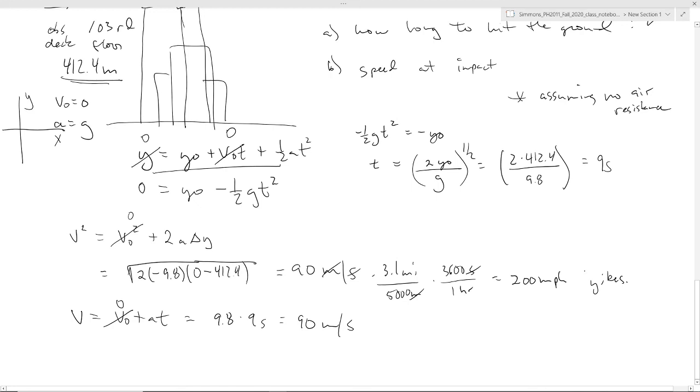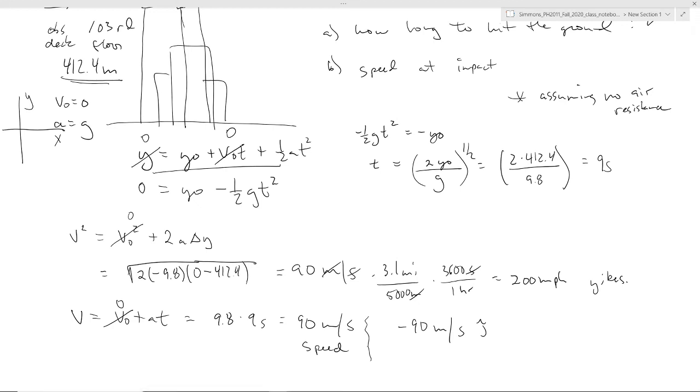And since it's going negative, it would be negative j hat. So why don't we say this? This is the speed, but in vector terms, this would be negative 90 meters per second j hat. Just to be a little more careful.